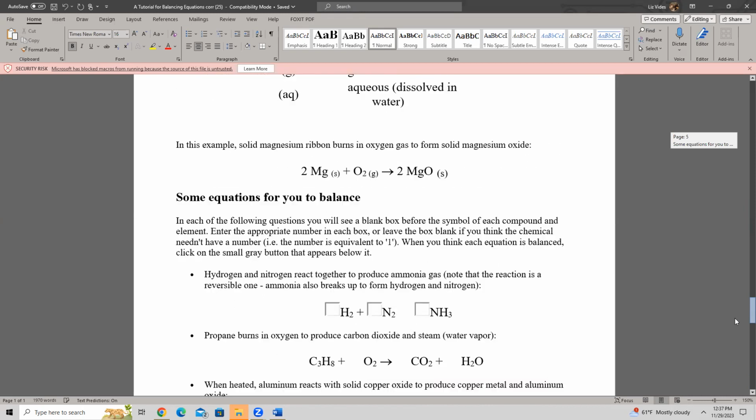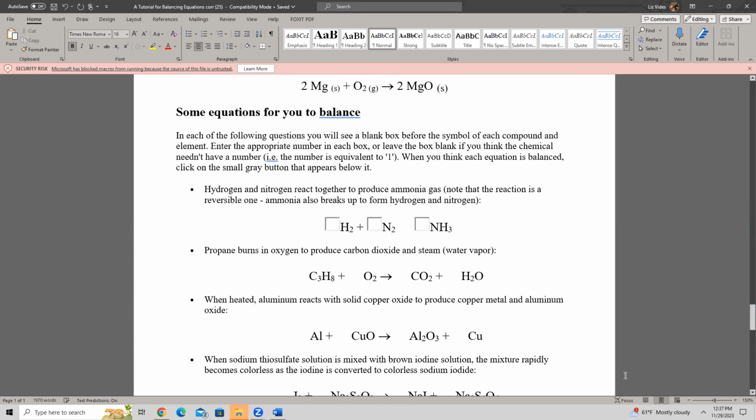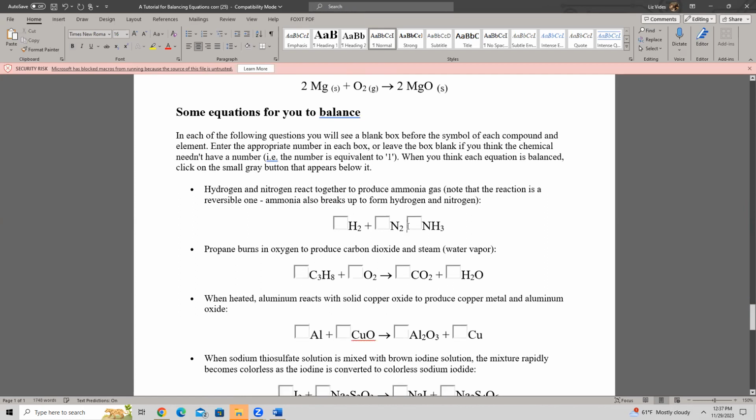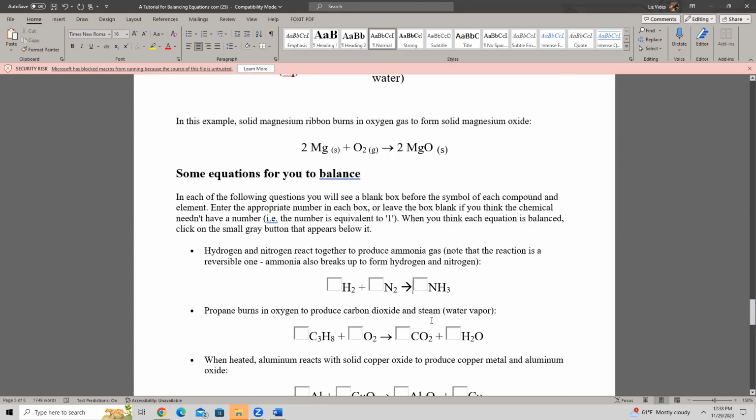For some reason, these are missing the little arrows, but that's fine. It actually is better that they're missing because it's a pain. There's the arrow again. Look, it all came back.